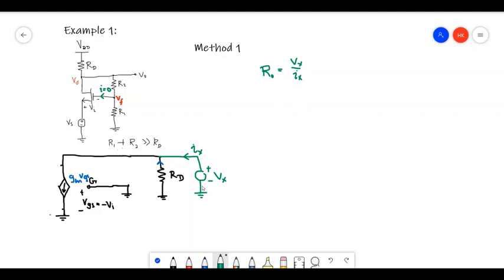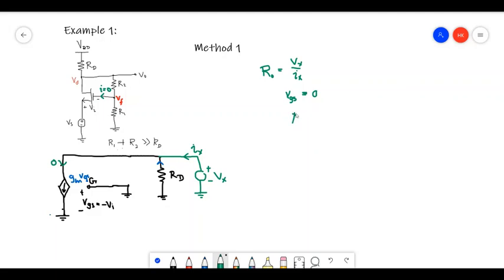So what is the value of VGS here? Looking at this, you can clearly see that this is grounded and this is grounded, so VGS is 0. VGS 0 means that this current is 0 because it is given by GM VGS. So there's nothing here, it's just this RD resistor.